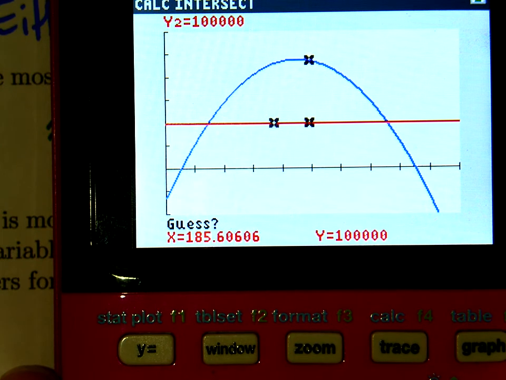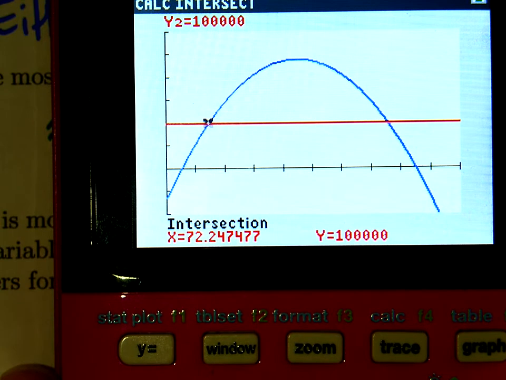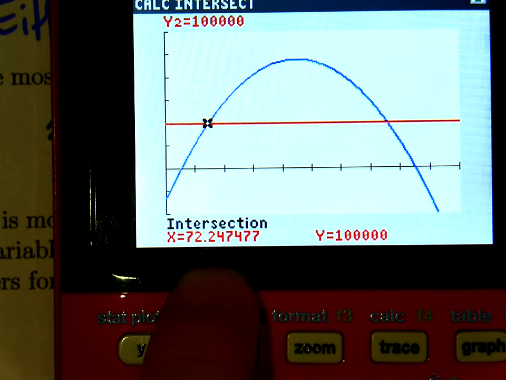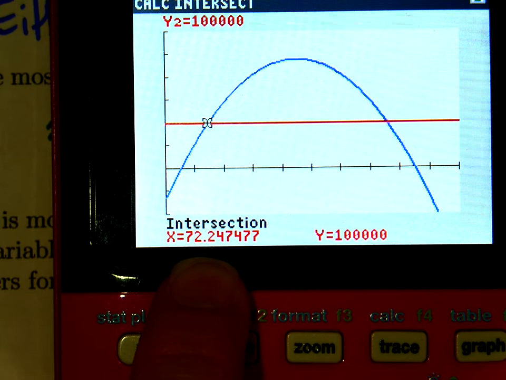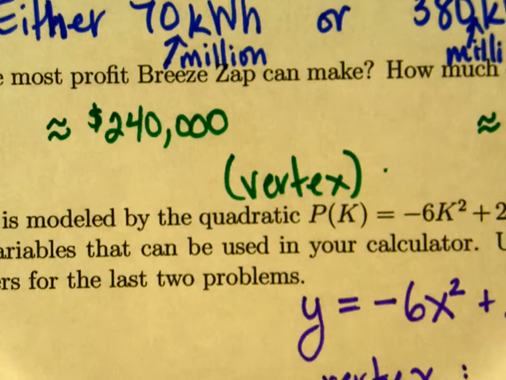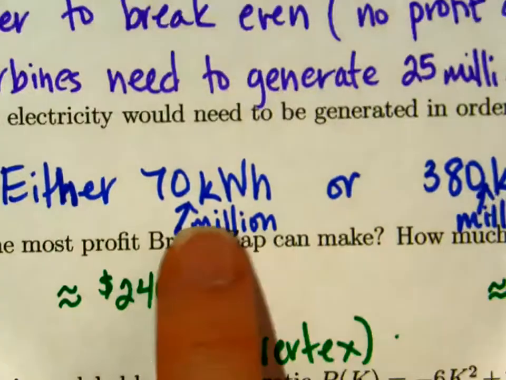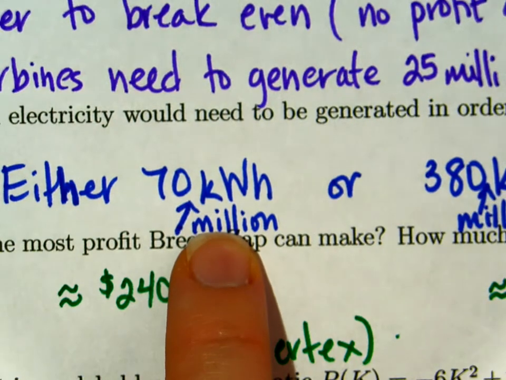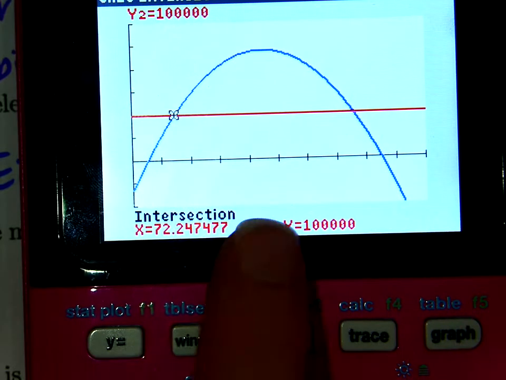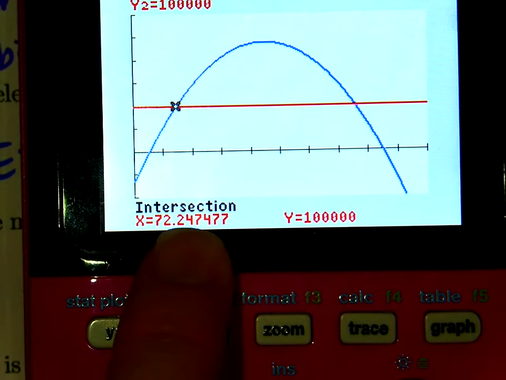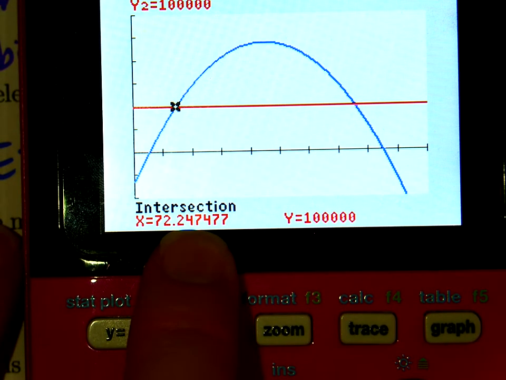So in order to get this intersection, you have to be near it. And it found it. Huh, what did we say? So this is saying about 72.25. Oh boy, 72.25. Yeah, we said 70 million kilowatt hours, but I feel like that's a pretty nice level of precision that we couldn't have gotten.